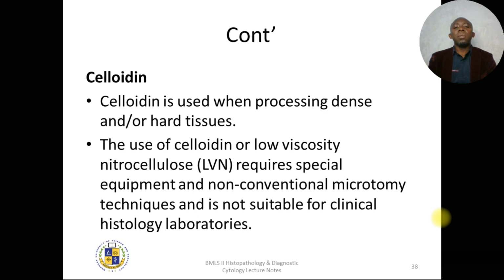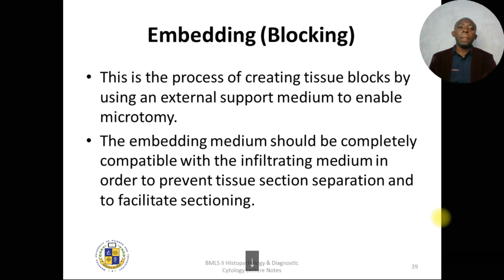The use of celloidin or low viscosity nitrocellulose requires special equipment and non-conventional microtomy techniques and is not suitable for clinical histological laboratories, but rather can be used for research purposes. So with our interest in clinical diagnosis, we may not put a lot of emphasis on this.